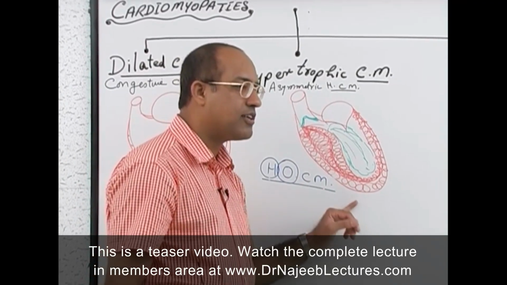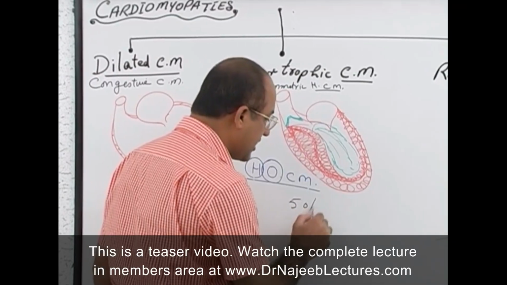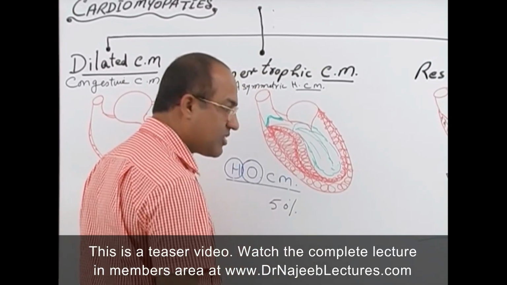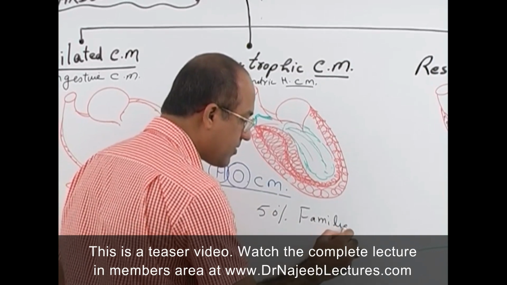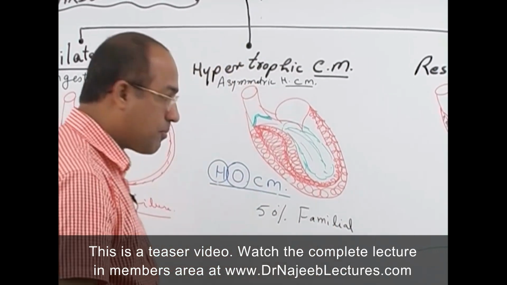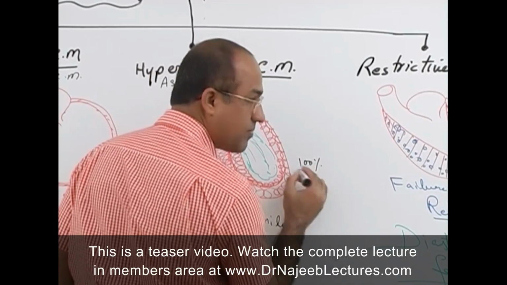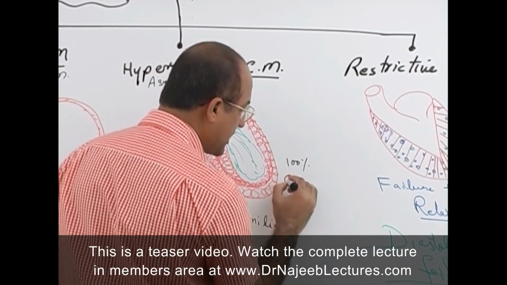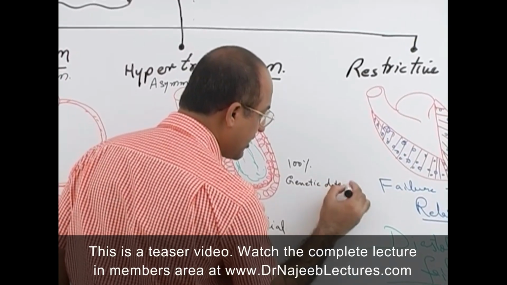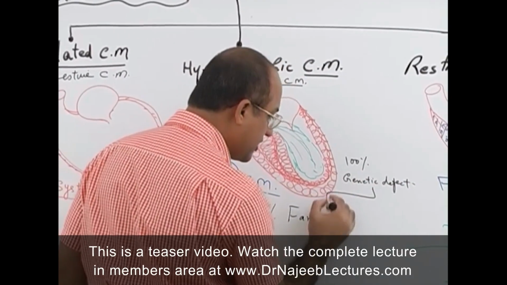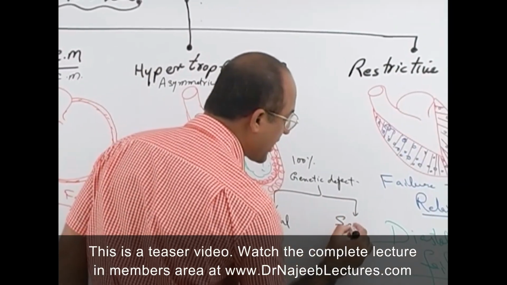In this type of cardiomyopathy, 50% of cases are familial, but 100%, almost 100% of patients have a genetic defect, a mutation. I will explain it later. Out of this, 50% of cases are familial and 50% are sporadic.